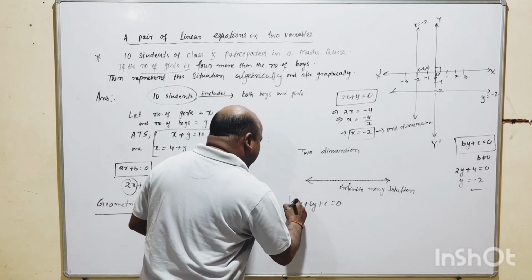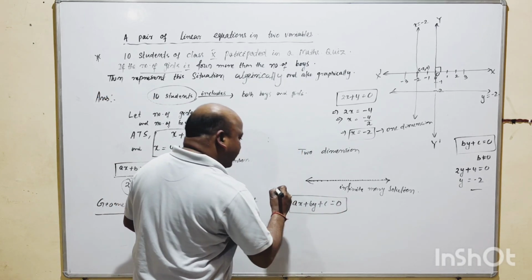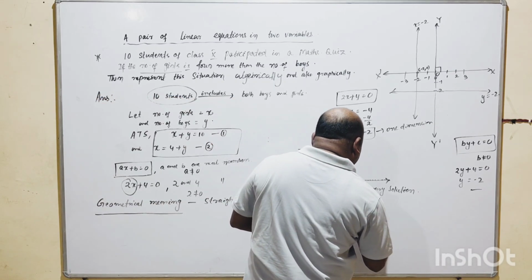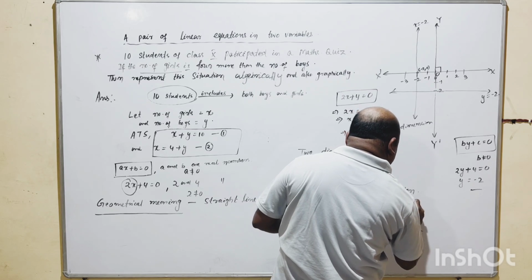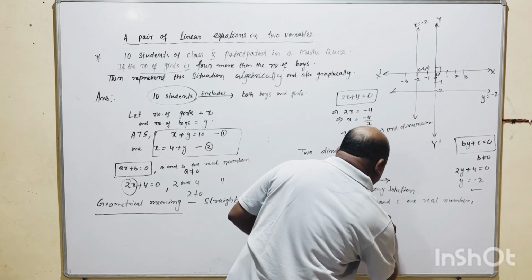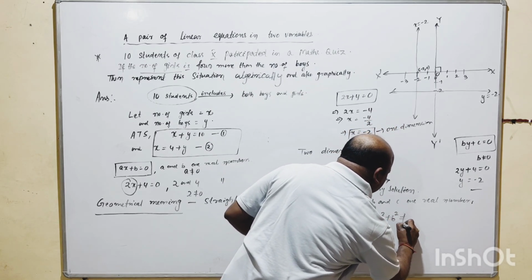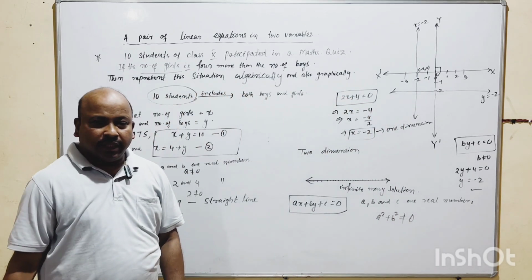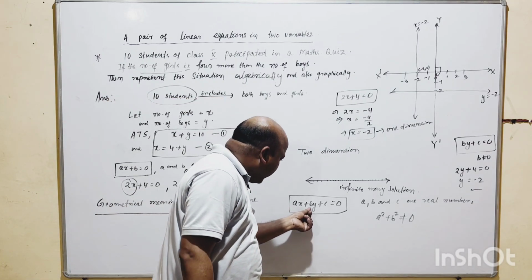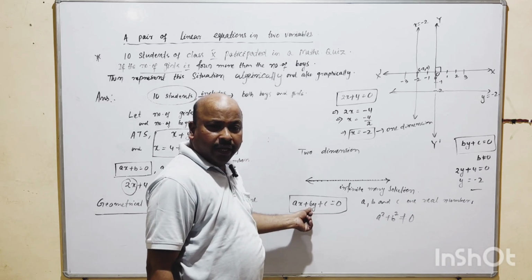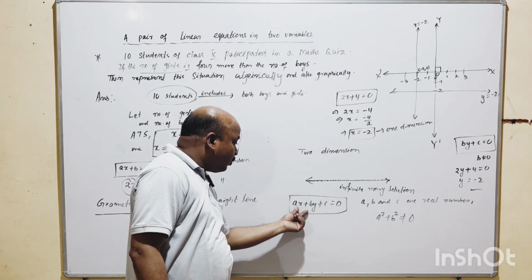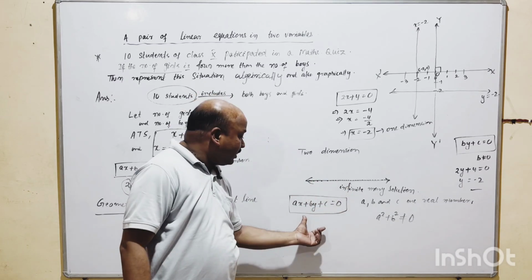This is the standard form of a linear equation in two variables, where a, b and c are real numbers, and a square plus b square is not equal to 0. That means either a is not equal to 0, or b is not equal to 0, or both are not equal to 0. Both cannot be 0. If both are 0, then it becomes c equal to 0, so how is that possible?